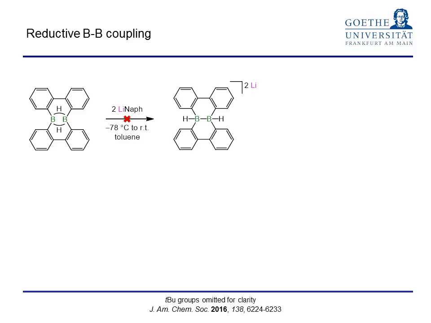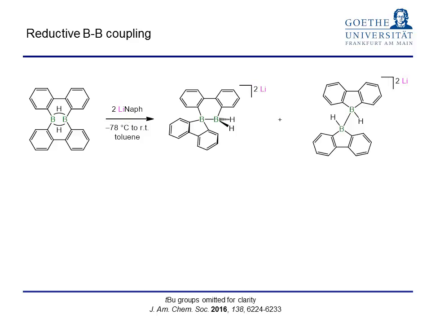Using 2 equivalents of the homogeneous reducing agent lithium naphthalenide, we did not observe the targeted dianion with HBBH core. Instead, 2 dianions formed in which B-B bond formation was successful as planned, but accompanied by 1,2-phenyl shifts, once in the left molecule and twice in the other.